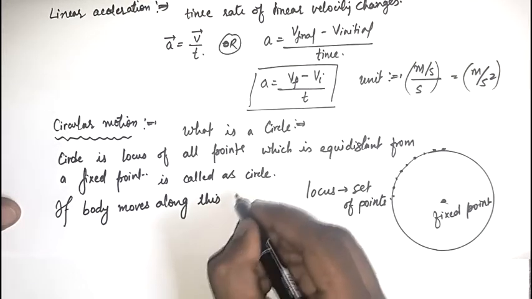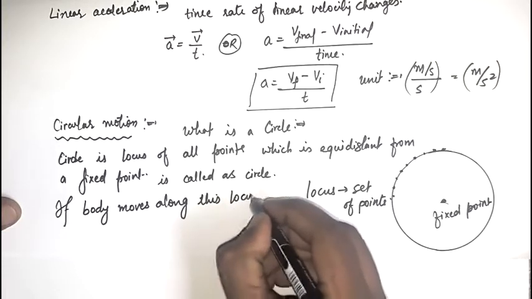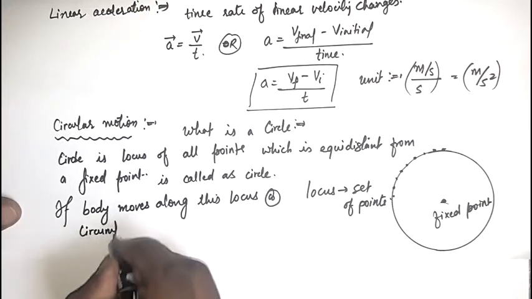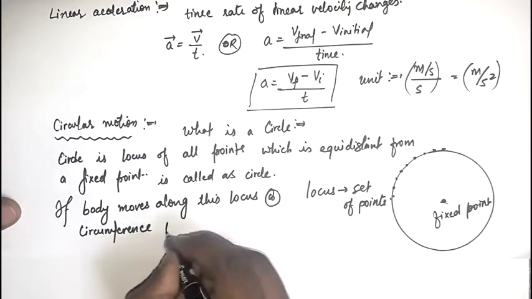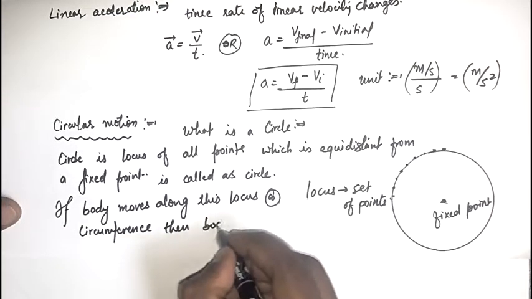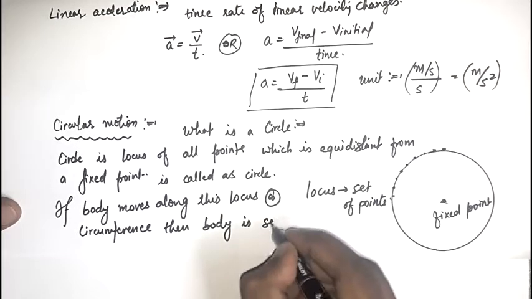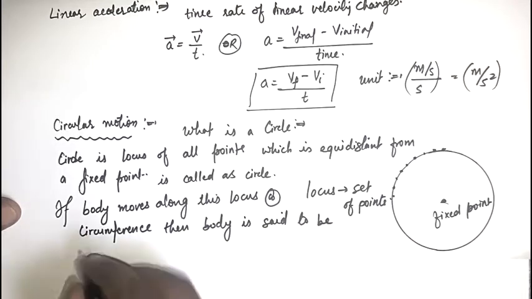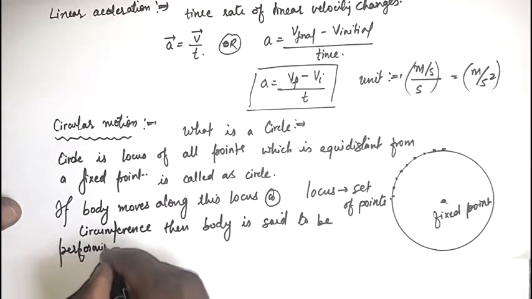If your body moves along this set of points, along these sets, then we can say it is performing circular motion. This locus of points we generally call the circumference. So if your body moves along this locus or along the circumference, then your body is said to be performing circular motion.